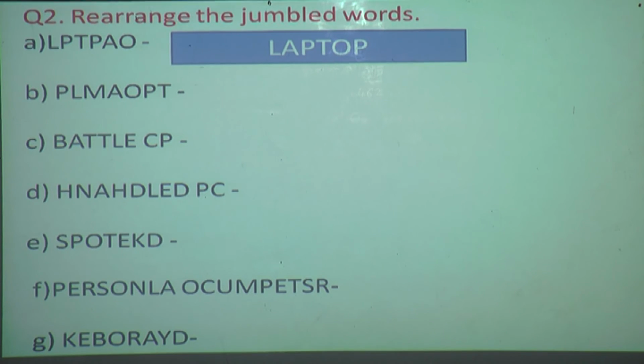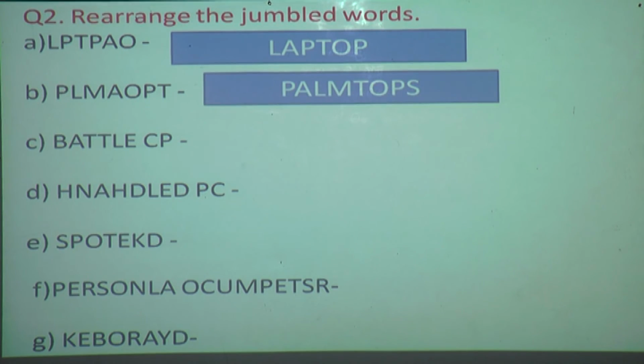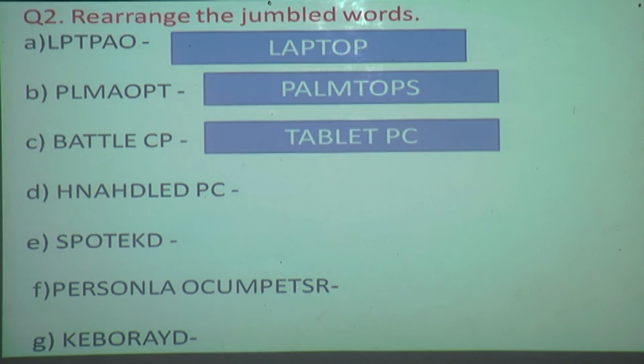Second one is PLMAOPT. What word will it become? Good, palmtop. Next is BATTLECT. Then what word will it become? Tablet PC. T-A-B-L-E-T, tablet PC.